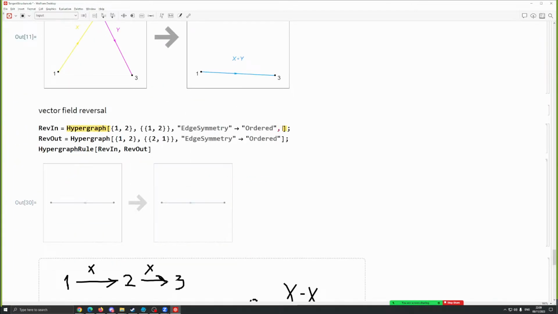That's labels, right? Edge labels. And then I do the like 1, that, 2, arrow.